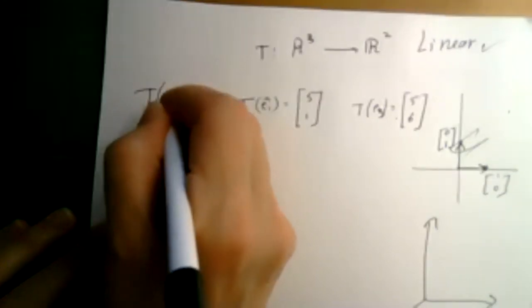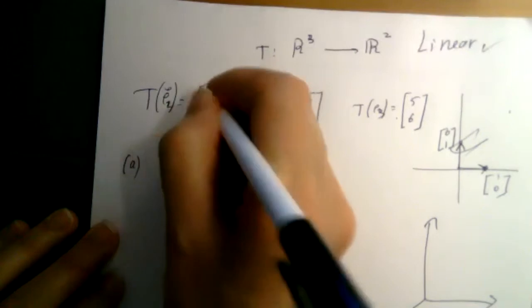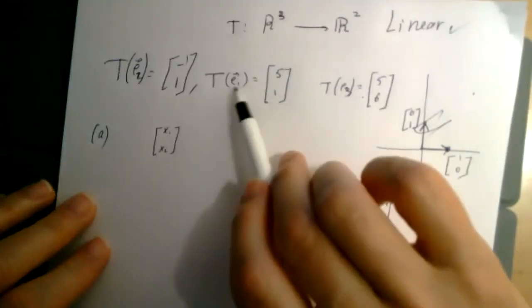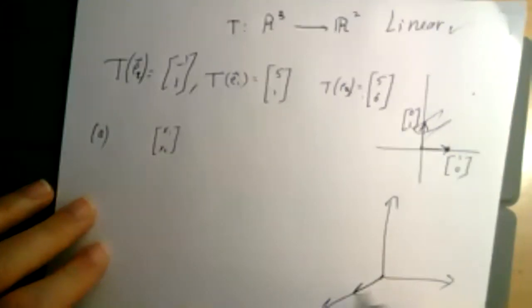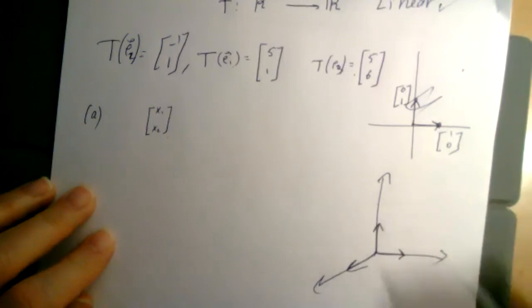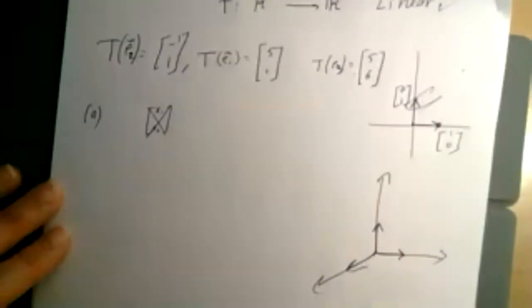And it takes E2 to minus 1, 1. Okay, so I know where E1 goes, the unit vector, I know what happened to E2, and I know what happened to E3. So now I want to figure out what happened to every vector x1, x2, x3.